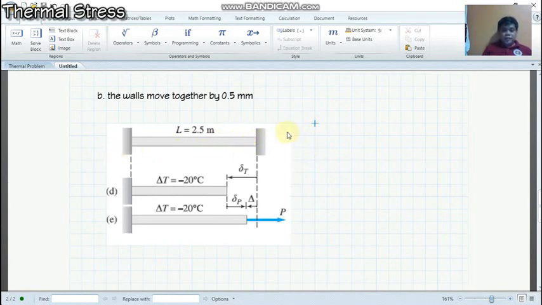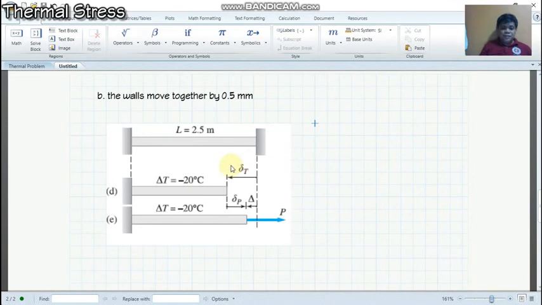And then, using the same approach that we had in the previous problem, we detach the bar from the wall so that it can undergo thermal contraction. So with the drop of temperature, the thermal contraction of delta T is observed.